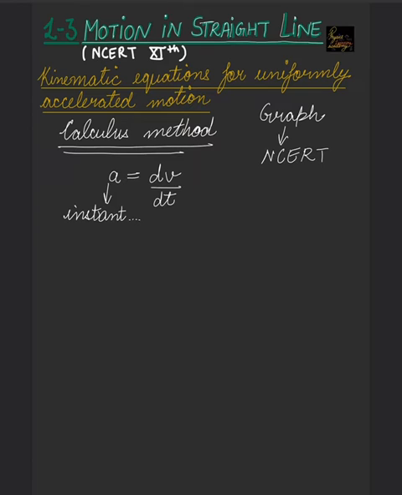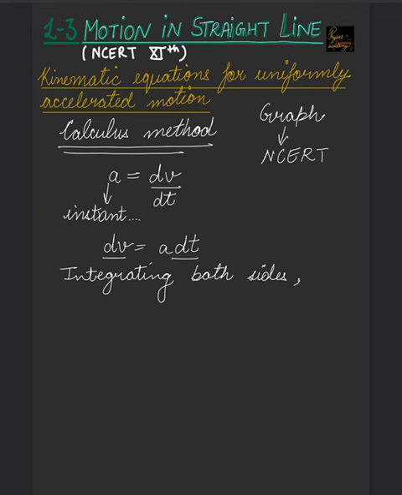Now nothing more to do: dv is equal to, we can multiply, dt goes to the other side, a dt. Not a big deal. Because this is a derivative, this is also a derivative, what we do is integrate both sides. We integrated both sides, this dv becomes, this is a dt.